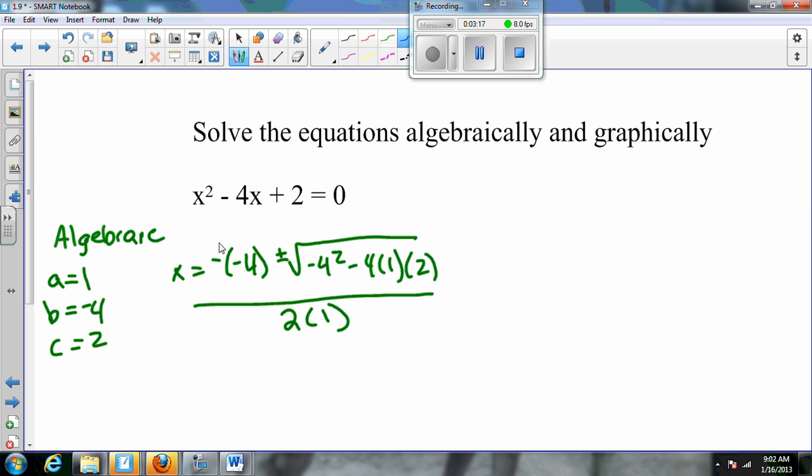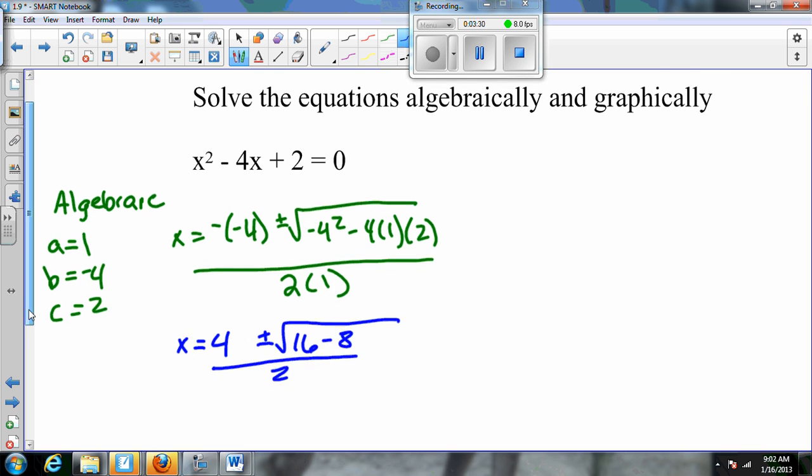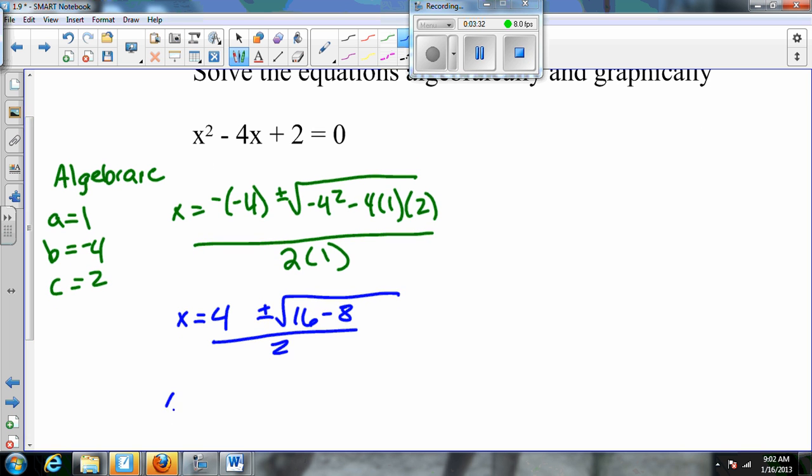So we can change negative 4 to 4 plus or minus square root of 16 minus 8 over 2. This all simplifies down. X equals 4 plus or minus root 8 over 2. Root 8 we break down.